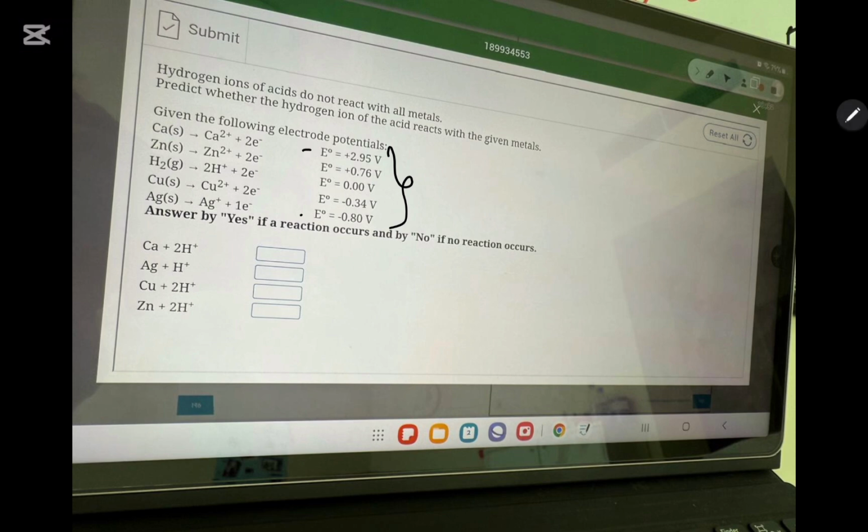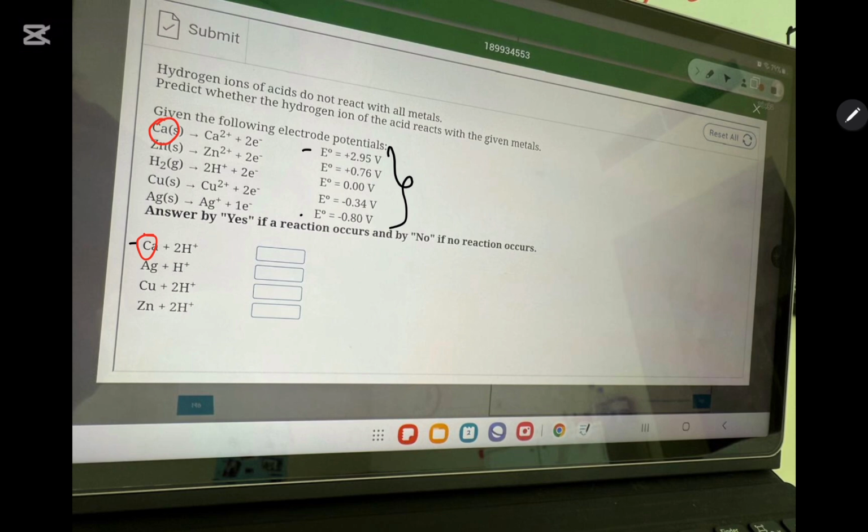Now to know if a reaction occurs or not, first thing, let's take this one as an example. Ca plus 2H plus. We do something called the gamma trick. You can do it if you want, and if you don't want to do it, you don't have to. So we start off with Ca, okay?